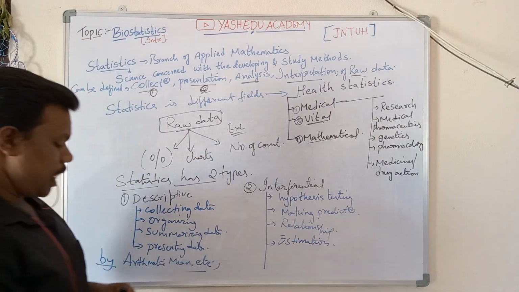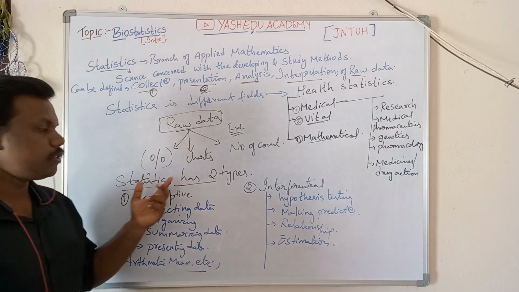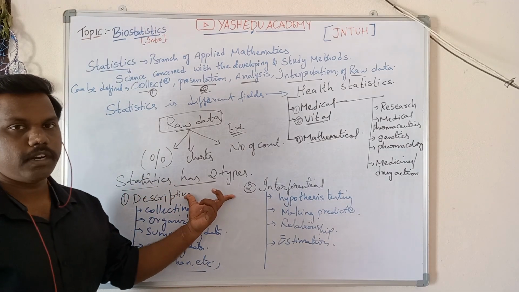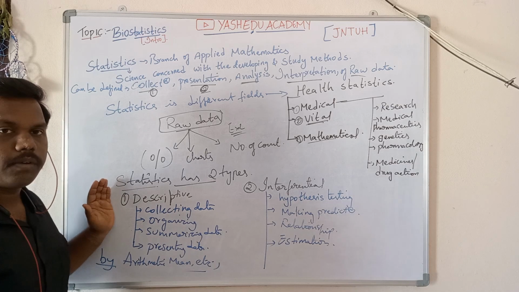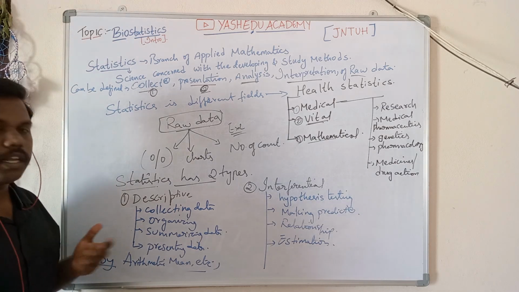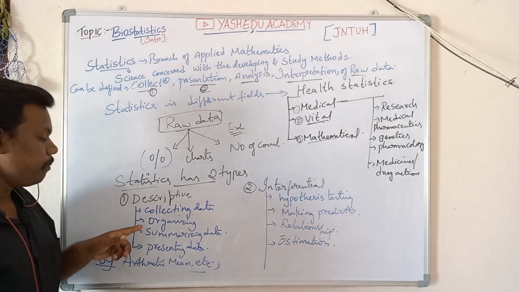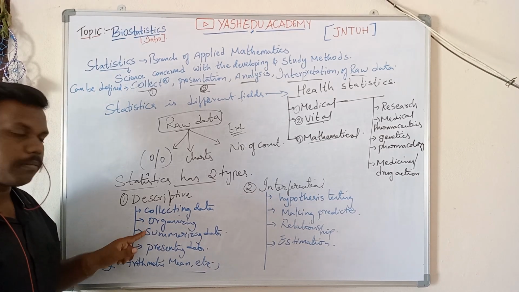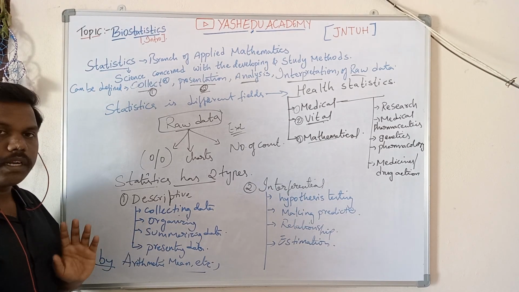So statistics has two types. It is divided into descriptive and inferential. In descriptive, the process of analyzing the data is collecting data, organizing data, summarizing and presenting the data.